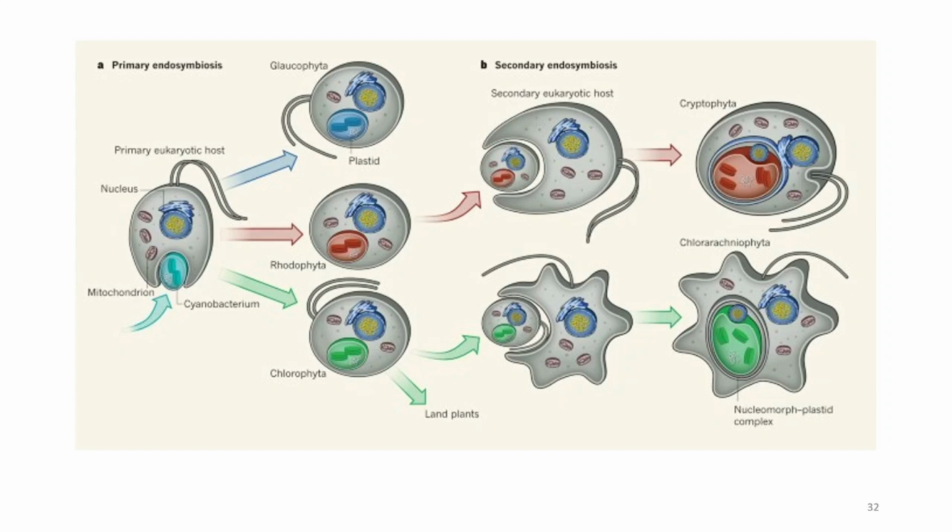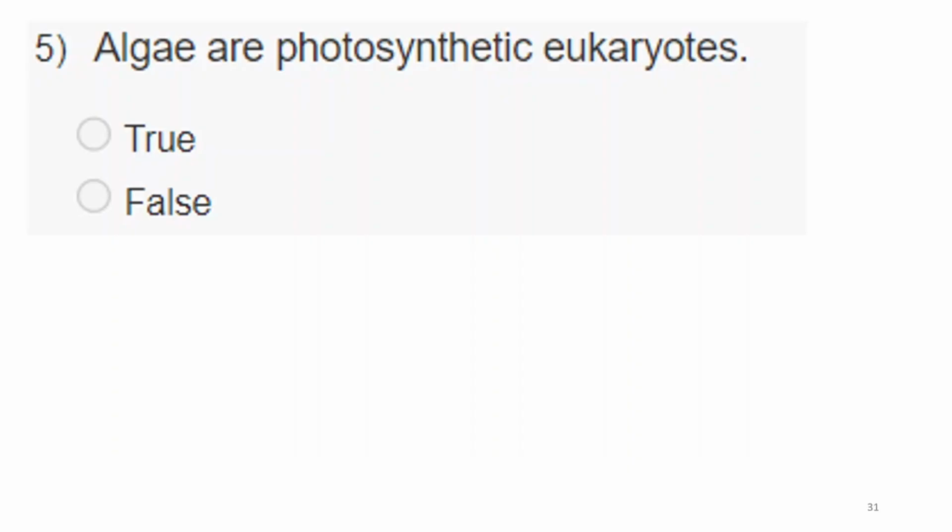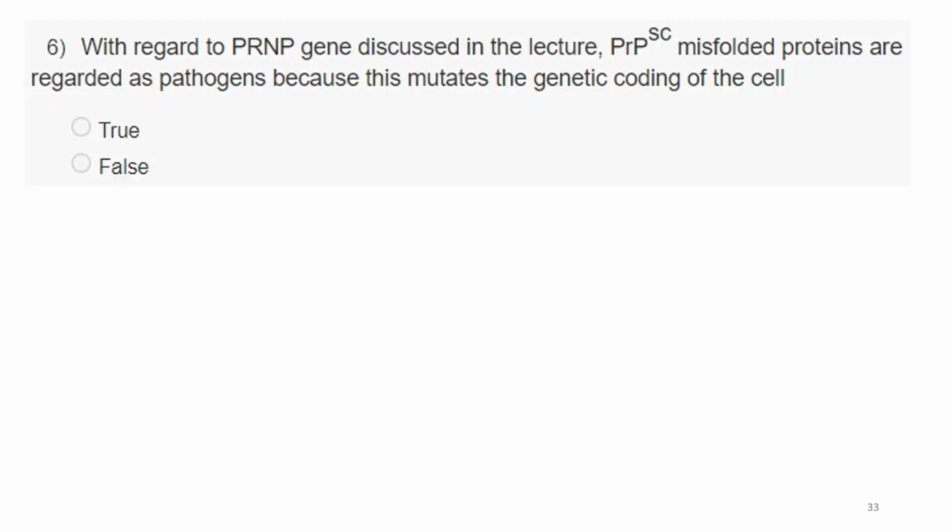This theory says that mitochondria used to be an independent prokaryotic organism, which was engulfed by a eukaryotic cell, and then finally evolved into a mitochondrion. So this endosymbiosis theory also supports this explanation of the emergence of photosynthetic eukaryotes, which is algae. So this is true. Moving on to the next question.